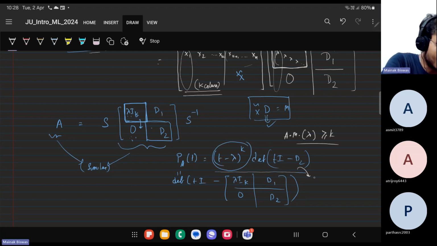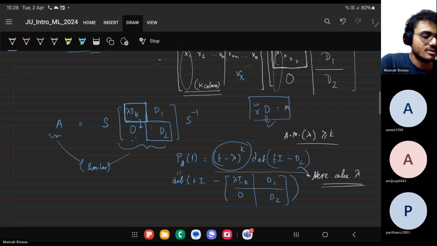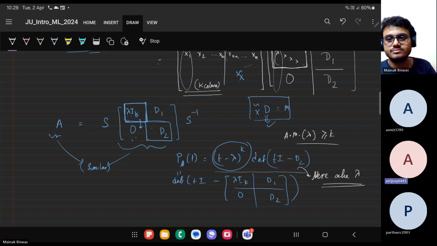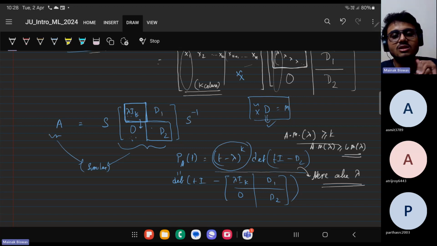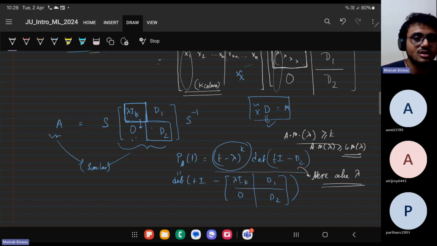From here also I can get lambda, here also I can get lambda, right? So at least k will happen. So you can prove the algebraic multiplicity of lambda is greater than or equal to the geometric multiplicity of lambda. Clear to everyone? I'll give you a homework, you solve this and then you'll understand very well.